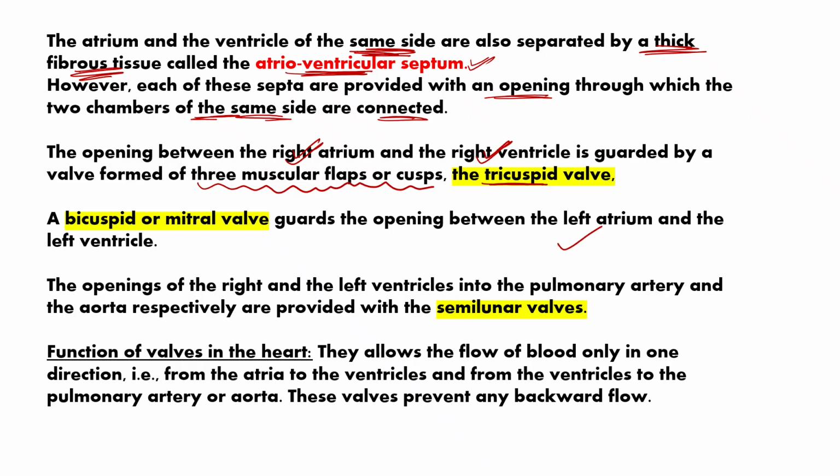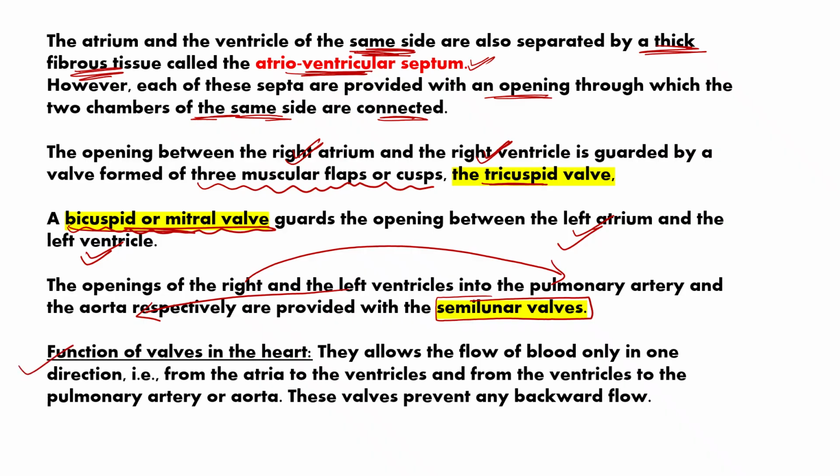And between the left atria and left ventricle is the bicuspid, also known as mitral valve. Clear? Now, the openings of the right ventricle into the pulmonary trunk and the left ventricle into the aorta are guarded by the semilunar valves. So all four valves theory is also here.